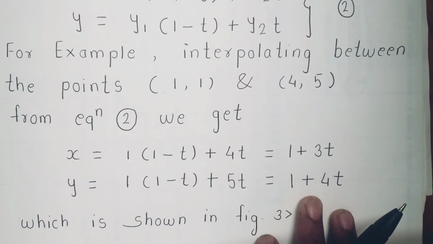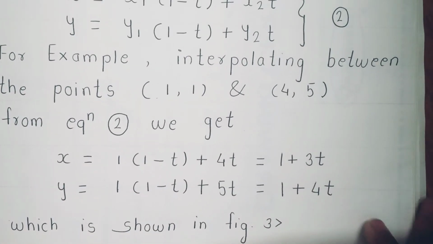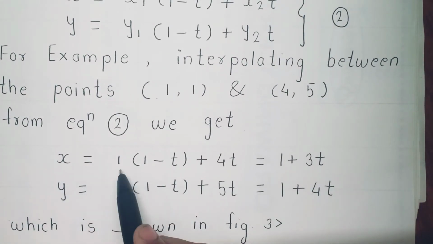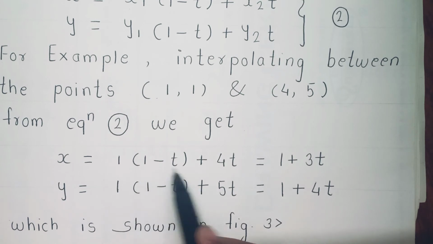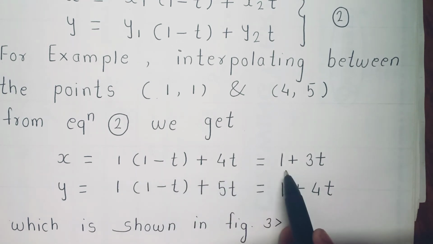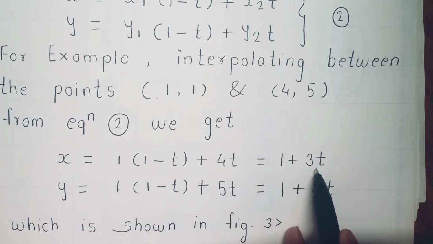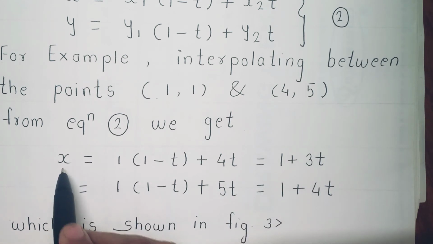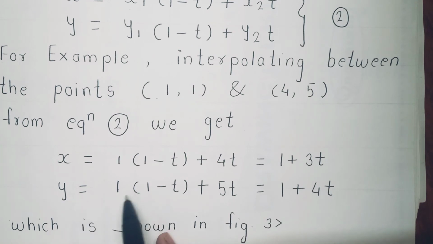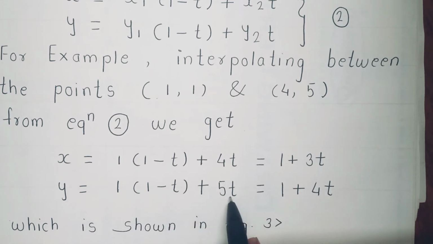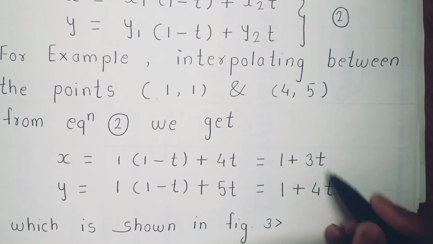After substituting, x is equal to 1 (1 minus t) plus 4t, we get the result 1 plus 3t. Now this is for the x point. Similarly, derive the result for the y point. So y is equal to 1 (1 minus t) plus 5t. So here we get the answer 1 plus 4t. Now draw a diagram for these two points.